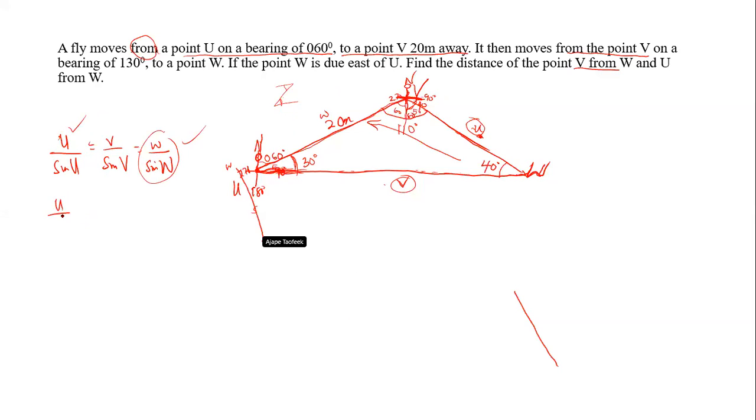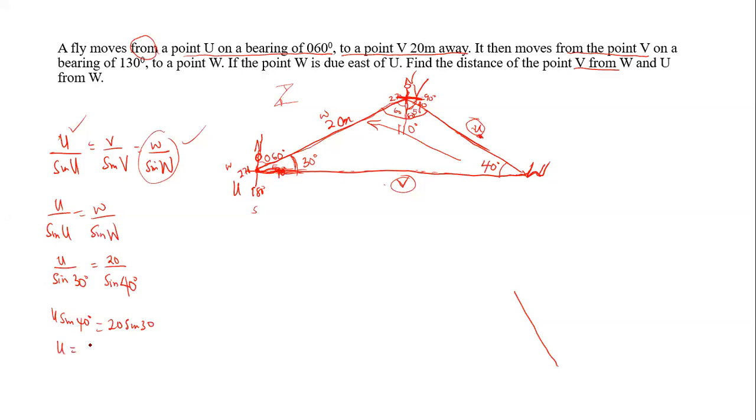So U over sine U equals W over sine W. So small u, that is what we are looking for, over sine big U, our big U is 30 degrees, equals to W, our W is 20, over sine big W. Big W is 40. So if you cross multiply them, what do you get? So it means you have u sine 40 degrees equals to 20 sine 30.